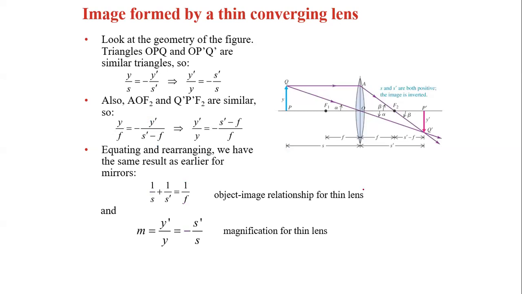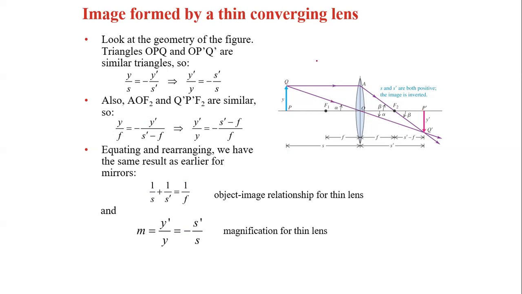Now if you derive the object-image relationship for a thin lens, for example, we have an extended object here, the segment PQ. If you focus on the triangle PQO and the triangle OP'Q', these triangles are similar.